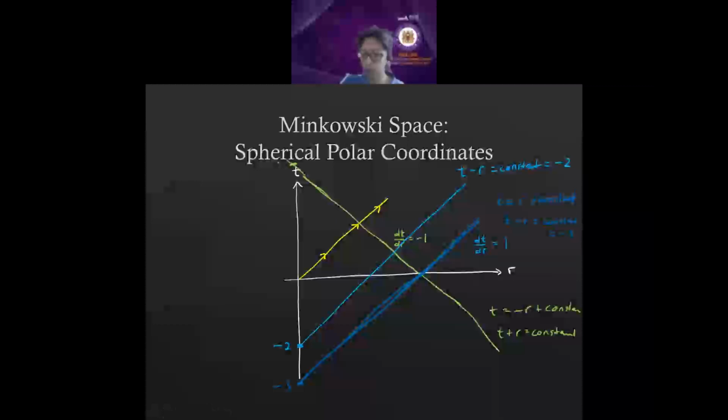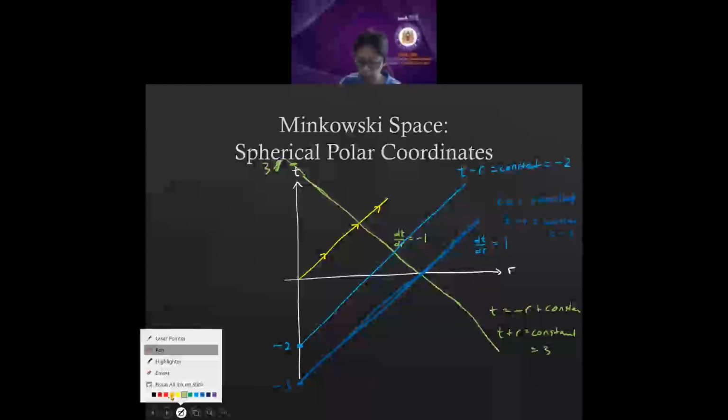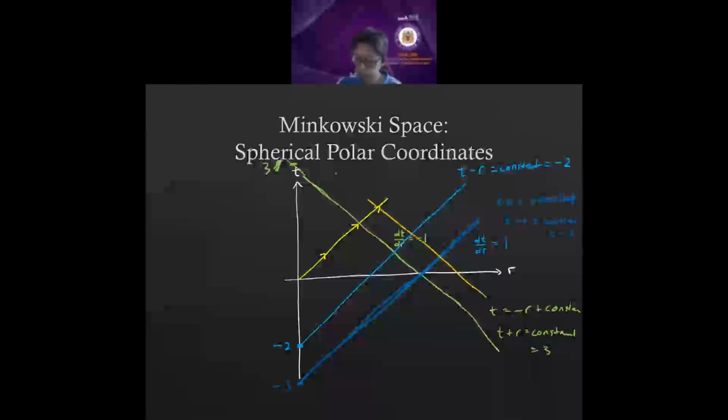So maybe 5, I don't know, it should be 3. Okay, this is 3. And I can consider also another path followed by light. This is going to be yet another t plus r equals a constant, probably 4.